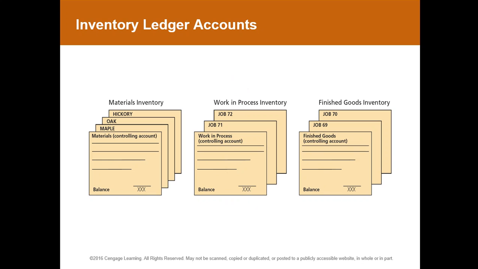And those jobs, all of them should total my work in process inventory. After a job is completed, it gets moved out of work in process inventory and gets put into finished goods inventory. Which again, behind that finished goods inventory total, I will have each individual job listed with all of their costs listed together.